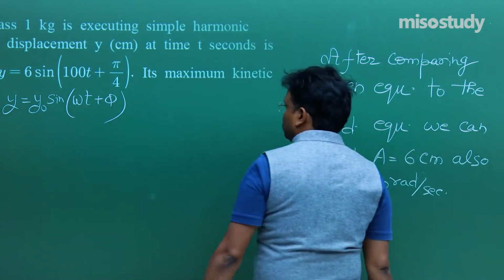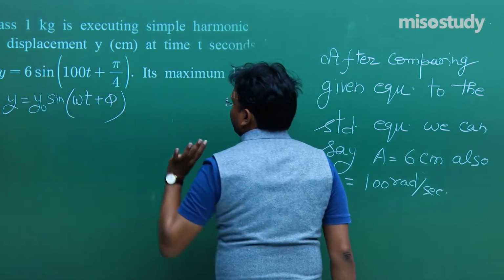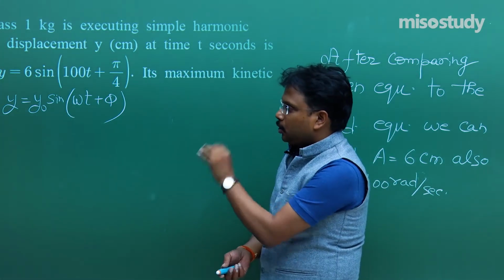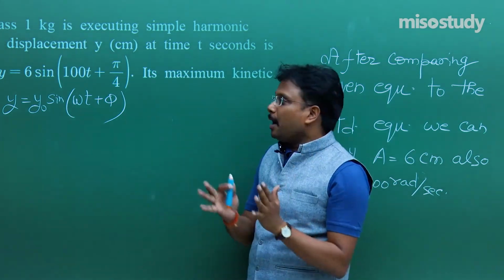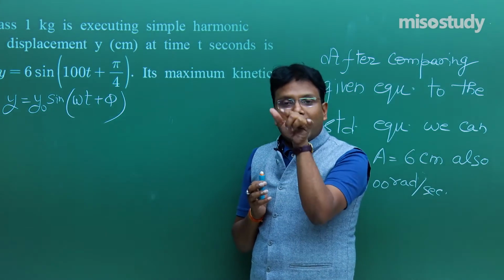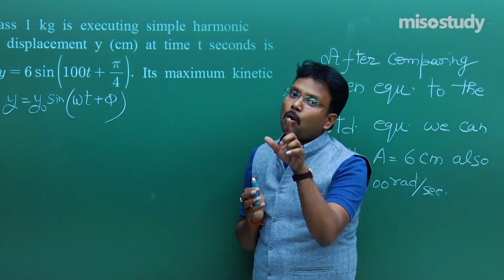Fine. Now, this is 100, this is 6. Here comes a small twist, how to remember the kinetic energy equation. My main objective of picking this question is just to explain that maximum kinetic energy equation to all of you.